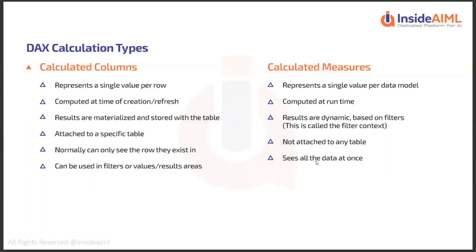Now, about calculated columns and calculated measures. Calculated columns return multiple rows, working row by row, but measures will return a single value. As I told you, measures are more optimized.